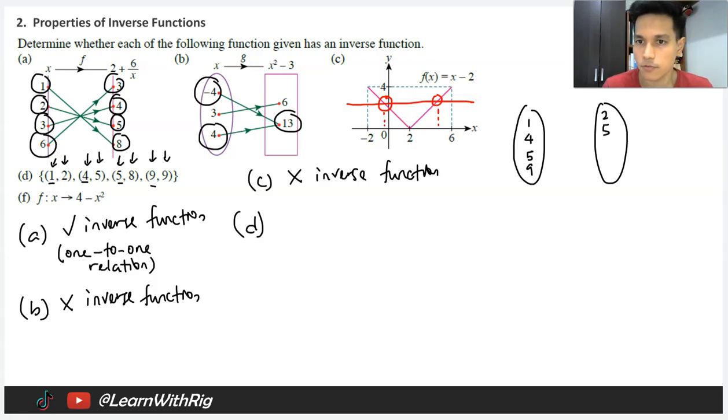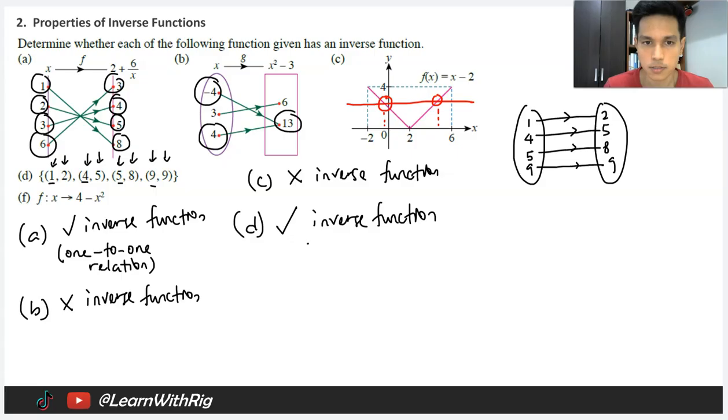So all of them are only connected to one image each. So one object has one image. Therefore it has an inverse function, because it is a one-to-one relation.